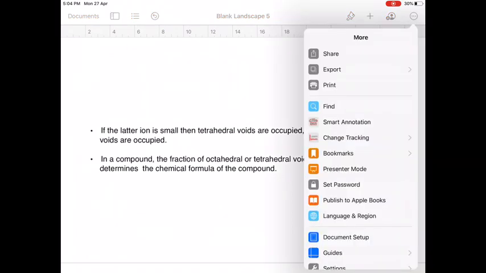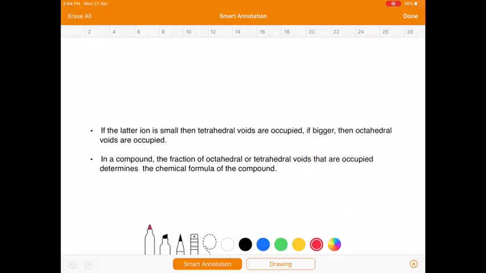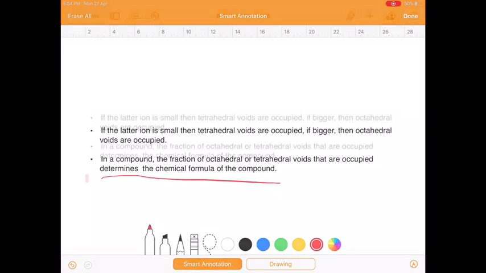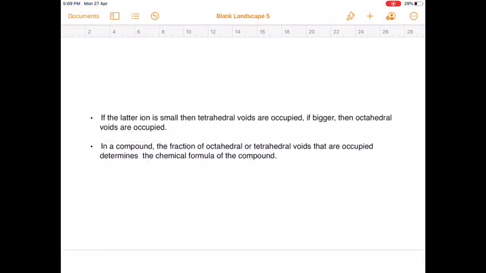And in a compound, the fraction of octahedral voids or tetrahedral voids that are occupied determines the chemical formula of the compound. Now we can solve certain problems and determine the chemical formula of the compound from the fraction of octahedral or tetrahedral voids occupied.